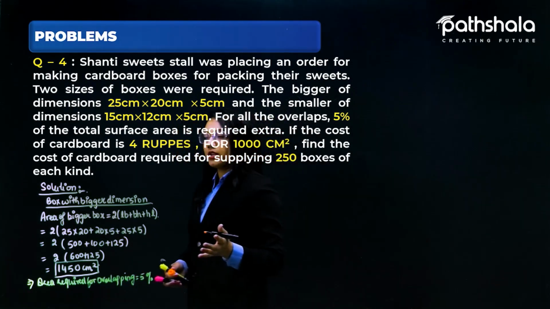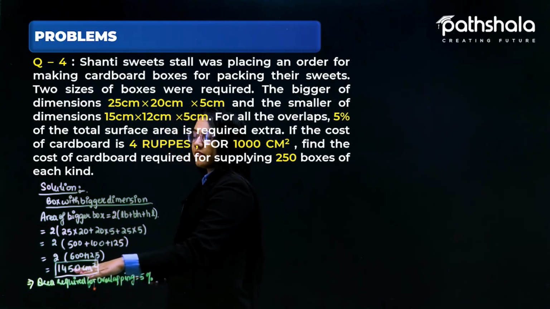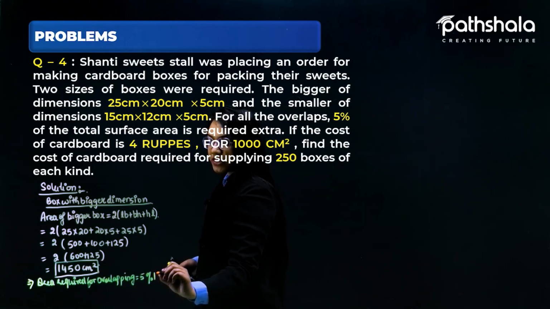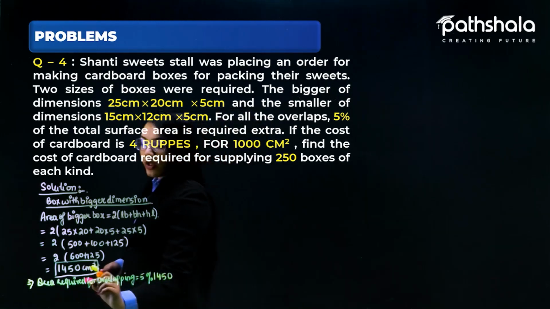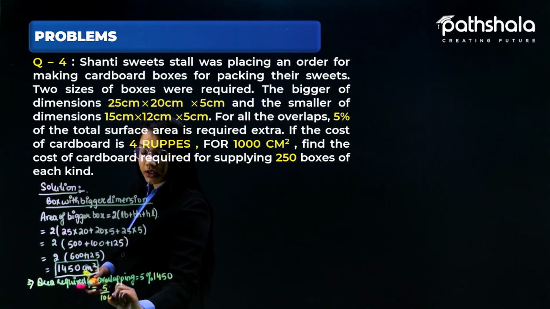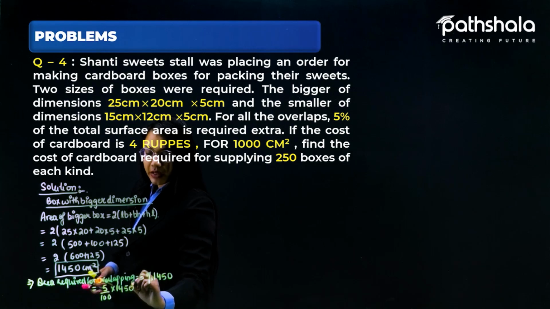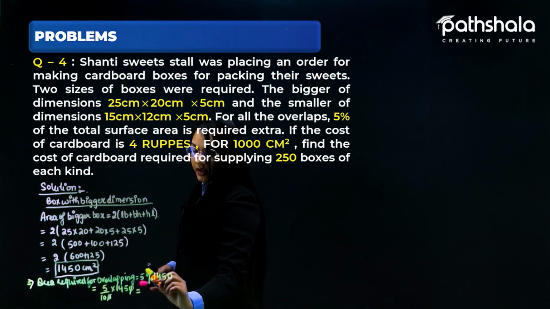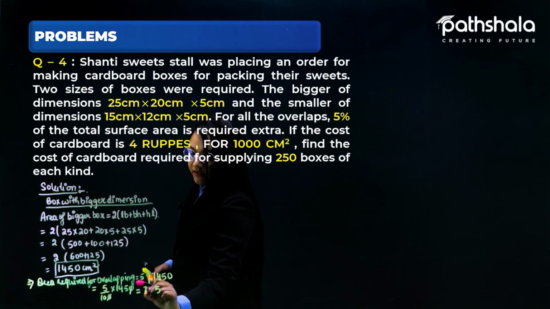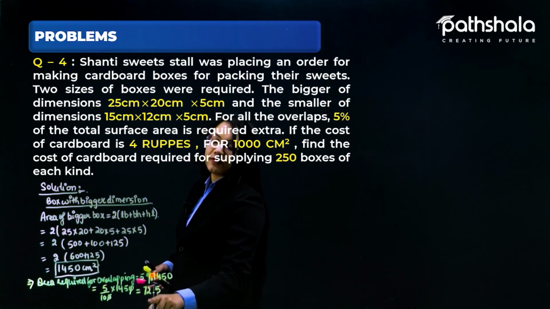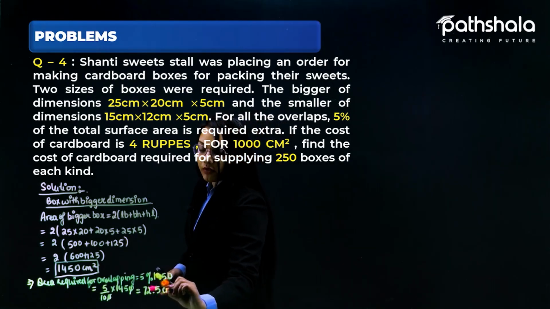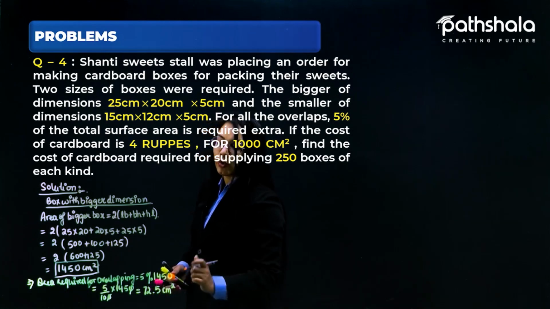We know the area for the bigger box is 1450, so this would be 5% of 1450, which is 5 by 100 into 1450. Calculating this, we get 72.5, which is the area required for overlapping.